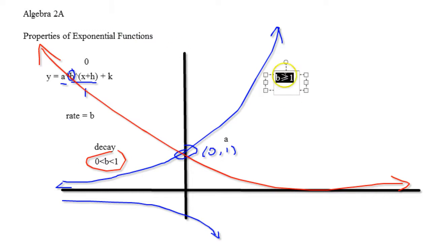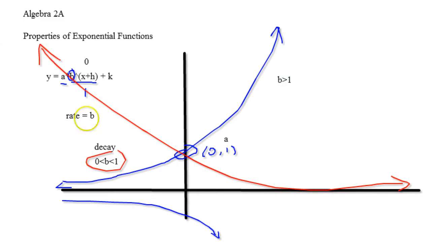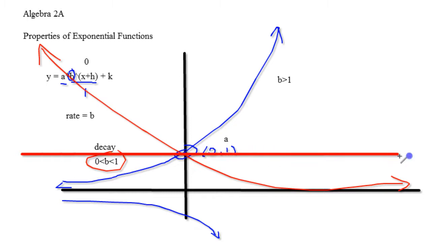It's not going to be equal. It's just going to be greater than. Because if it was equal to 1, we would be dealing with this type of line. It would just be a straight line, because 1 to any power is 1, and the A and the K will control it from there.